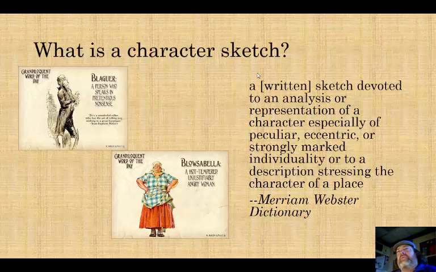But what oftentimes happens with a character sketch is that the writer is trying to, in a sense, describe, draw a picture, but draws a picture not just of a literal physical description, but of describing that person in a way that tells us more about the person as an actual human being.